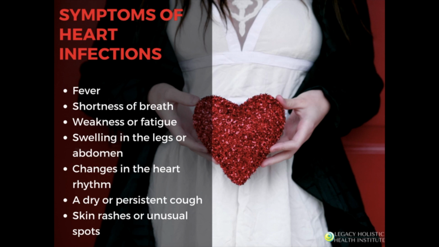Endocarditis is an infection that affects the inner membrane that separates the chambers of the heart and the valves of the heart, which is called the endocardium. This part of the heart can get infected and it can be almost detrimental to the client or patient. When we understand what's happening with these infections, we can also look at the symptoms and bridge the gap between the two.